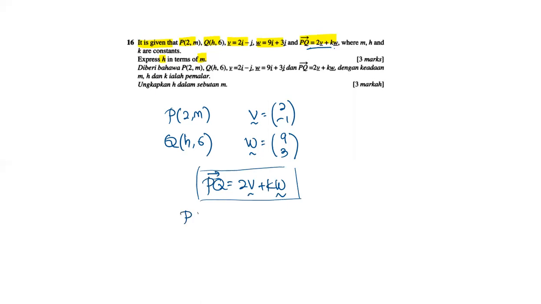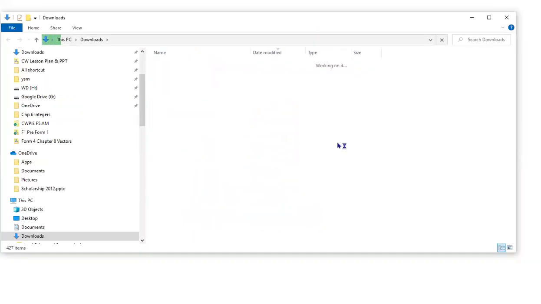PQ is actually PO plus OQ, which is 2V, 2 and negative 1, plus K is a number, 9, 3. PO is actually negative OP.